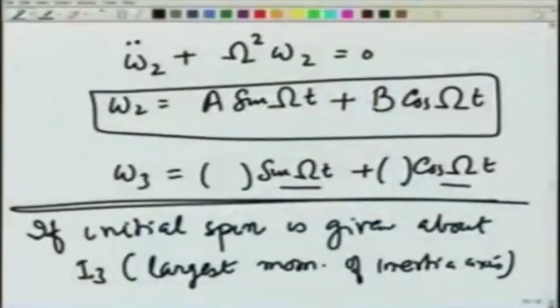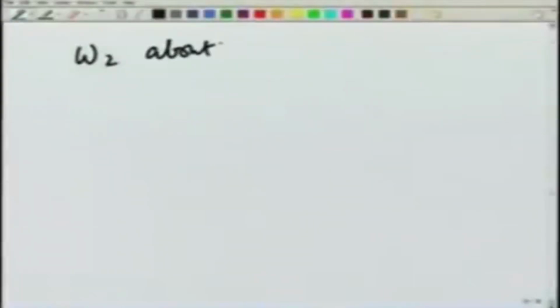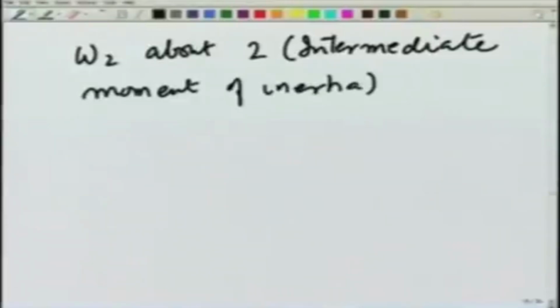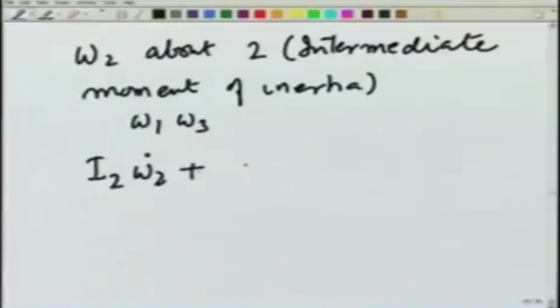Let us see now the case when I give omega 2 about axis 2, which is the intermediate moment of inertia axis, and there is some small omega 1 and omega 3. So, again we will see that I2 omega 2 dot plus omega 1 omega 3 (I3 minus I2) is equal to 0.